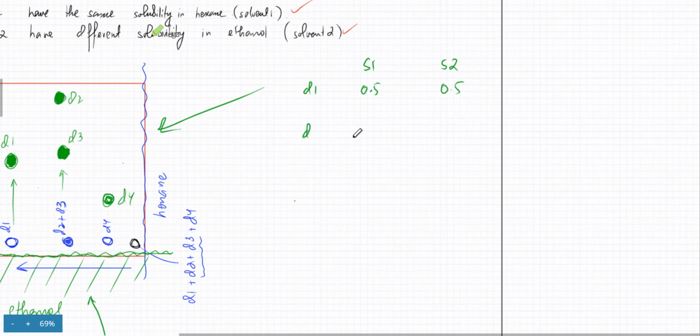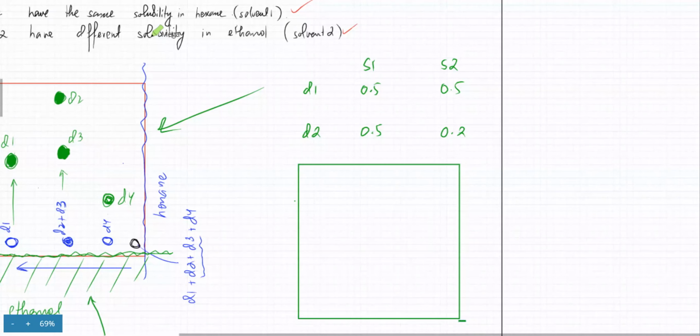Of a dye 2 जो है, its RF value is 0.5 in the first solvent and its RF value is 0.2 in the second solvent. So how would the chromatogram look? Okay, and you're being asked to sketch the chromatogram.